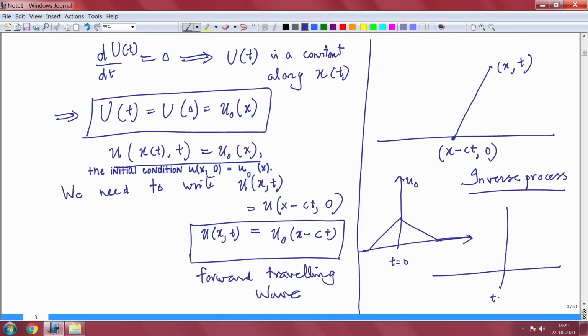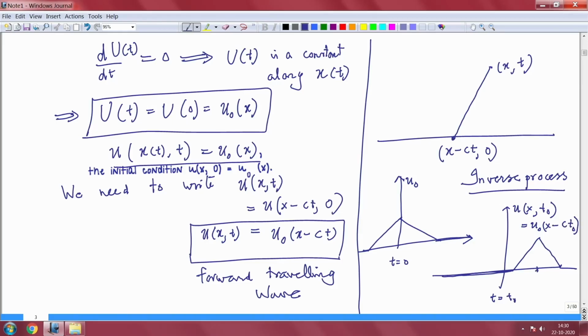At time t equal to t naught, if I plot my u(x, t naught), I will get a curve like this. So, this will be moved forward a little bit. At that line it moves forward. So, this is u naught of (x minus c t naught).